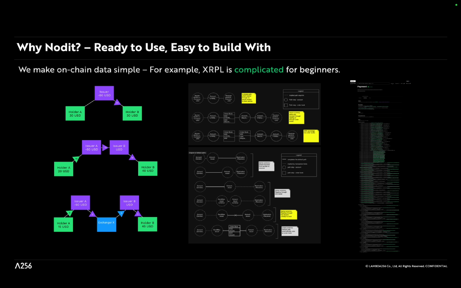On the right side, in the screenshot, I've captured the actual state changes from a single XRPL transaction on a block explorer. As you can see, it's overwhelming, especially for someone new to XRPL. There's no easy way to know what actually happened unless you fully understand the protocol structure.